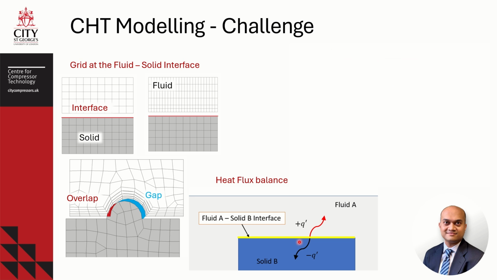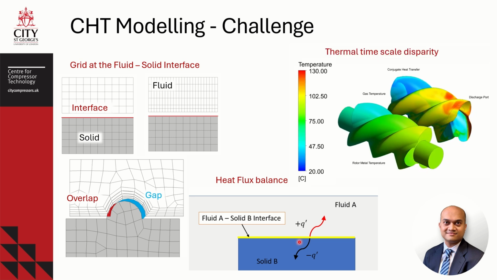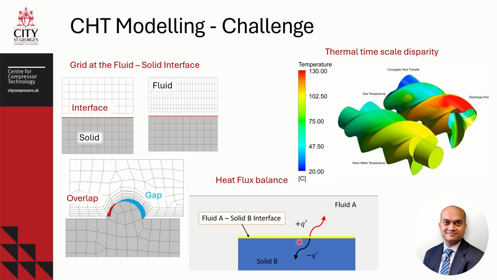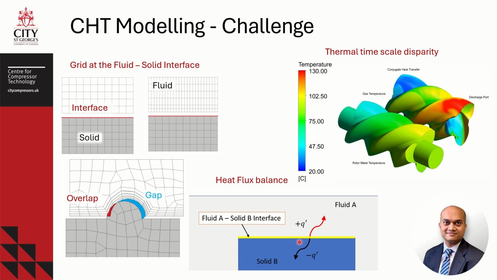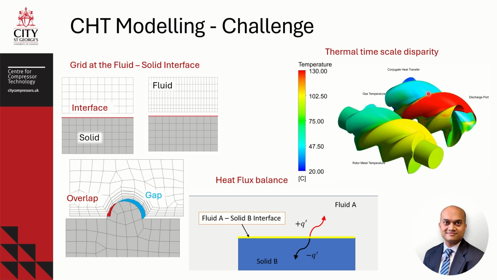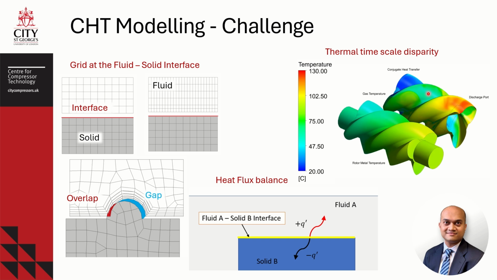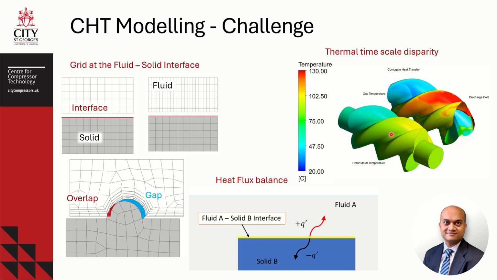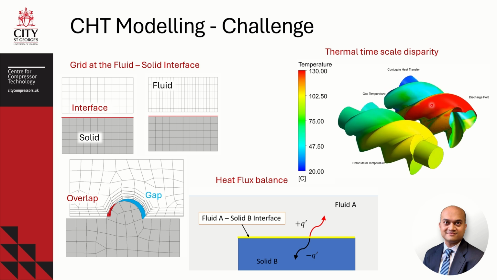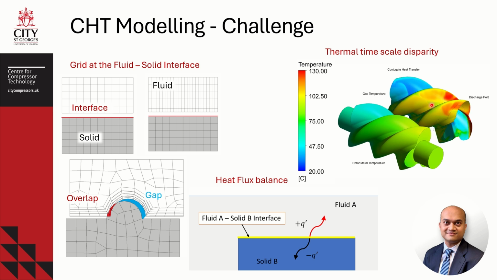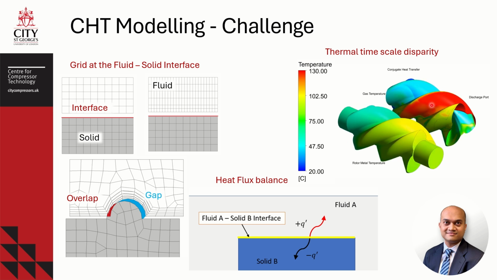Another physical effect that is challenging in conjugate heat transfer is when you have a transient flow, as commonly seen in compressors. In this animation, you can see two surfaces. One corresponds to the fluid side temperature and the other corresponds to the solid side temperature. A noticeable difference is seen, although the positions are synchronized, but the temperature of the gas and the solid is largely different.